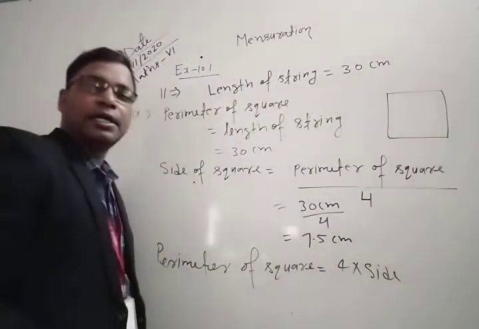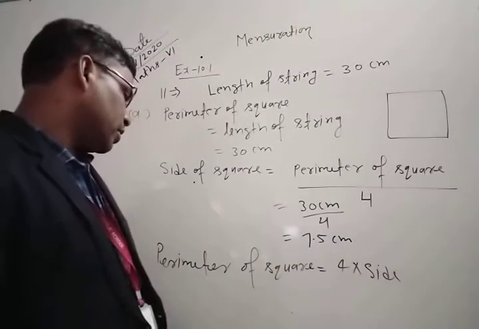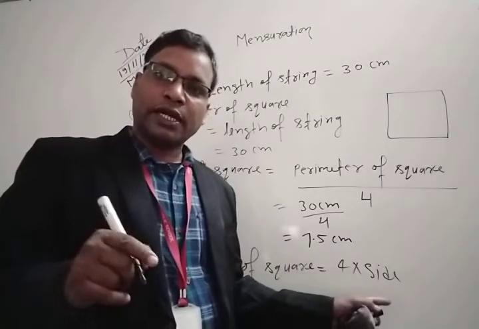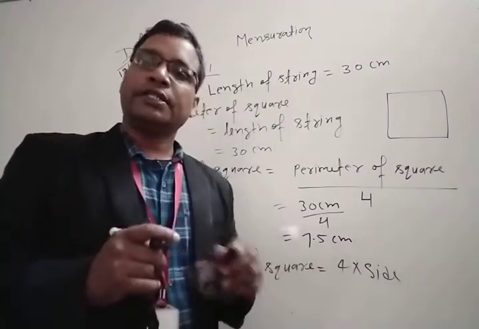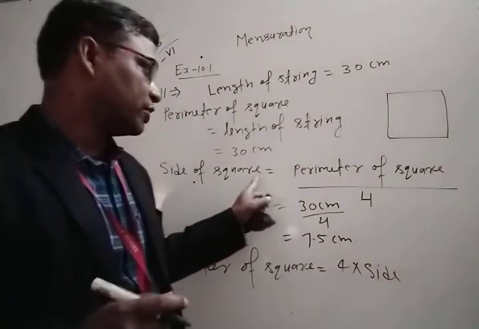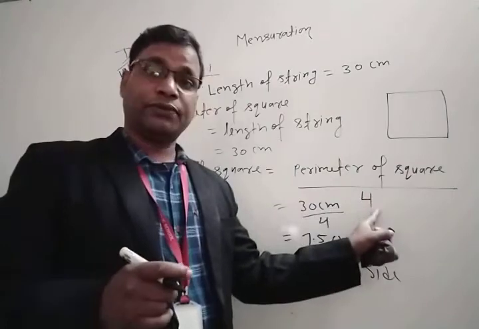Side means the length of a side of the square. So in this way we find the perimeter. If you need to find the side of the square, you divide the perimeter by 4, then you obtain the side of the square.